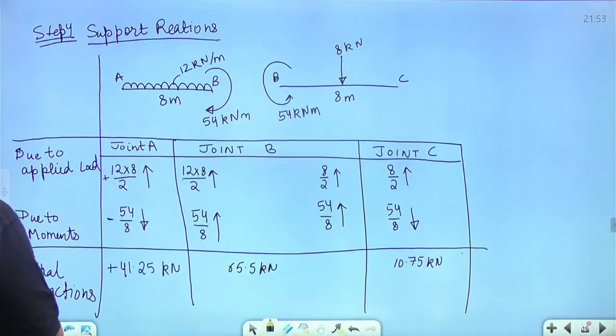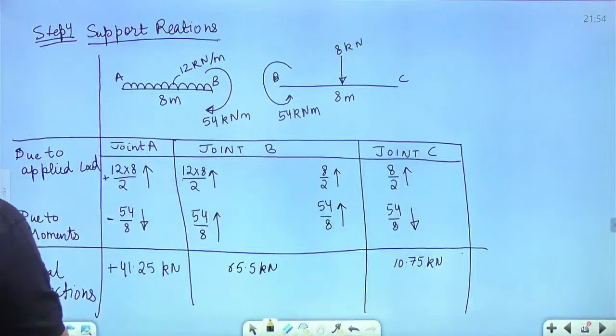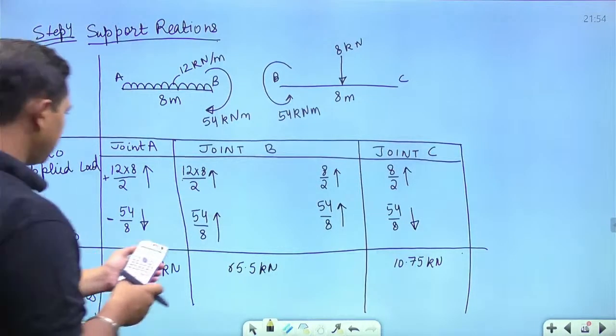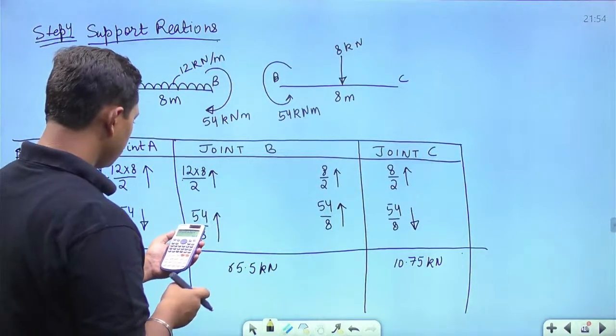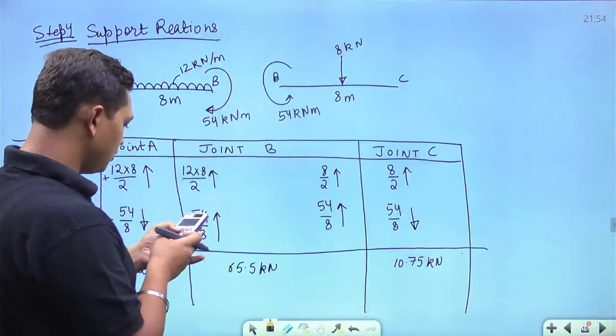WL by 2 for 48 minus 54 by 8. Okay, this is 63.5, I guess. 24 into 4 plus 8 by 2.